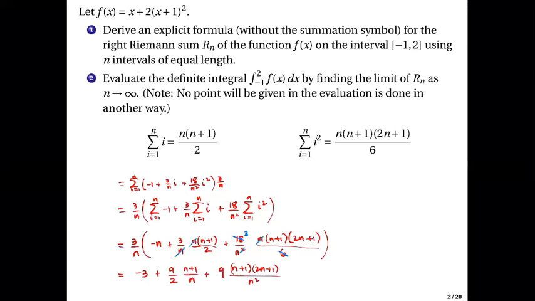Over n squared because we have n in here and then we have n in here. So take note that in here only one of the n's was cancelled. So we still have n squared in here. So this is Rn.